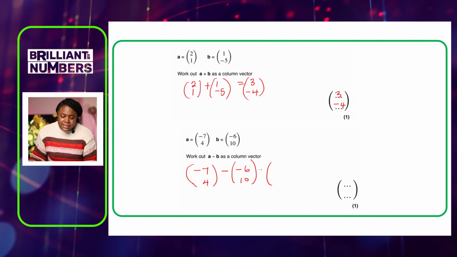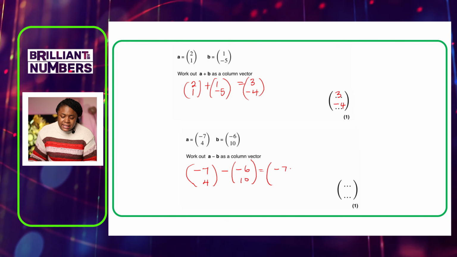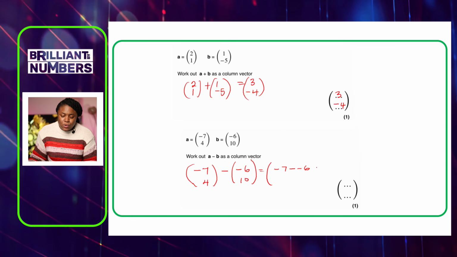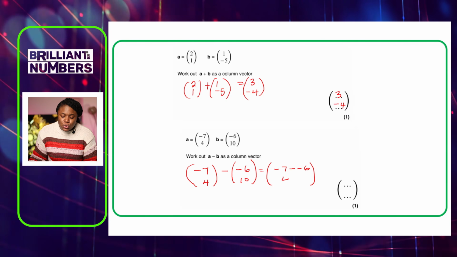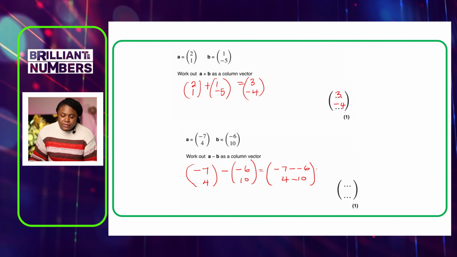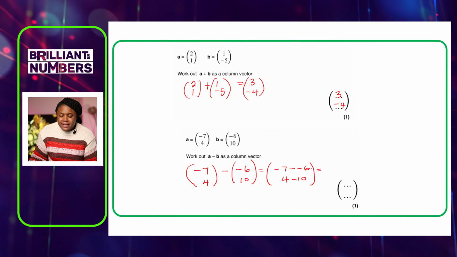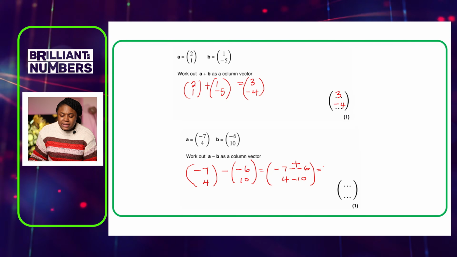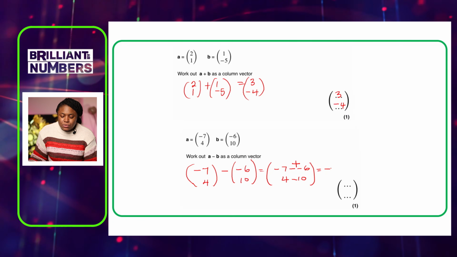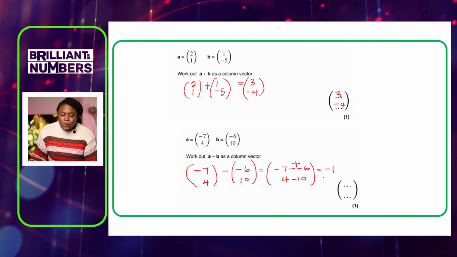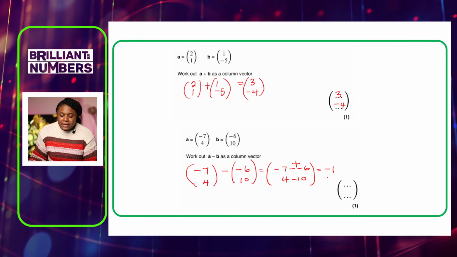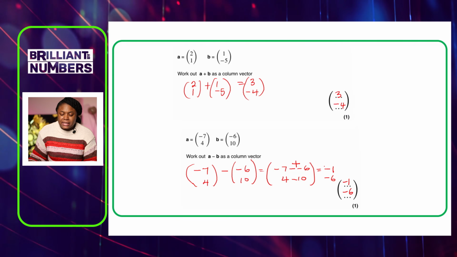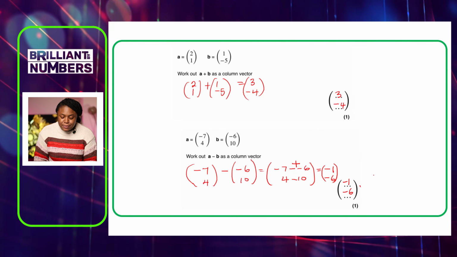I need to do minus 7 take away minus 6, but I'm subtracting a negative, and then 4 take away 10. Remember, 2 negatives will give me a positive. So basically I'm doing minus 7 add 6, which is minus 1. And then 4 take away 10 is minus 6. So the answer is (-1, -6). That's our final answer. Beautiful.